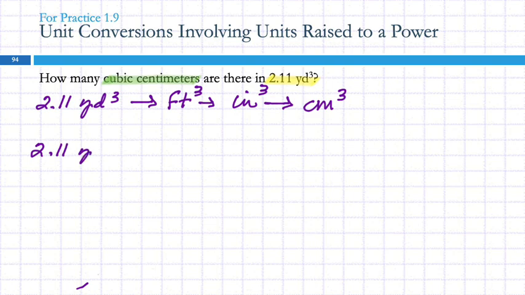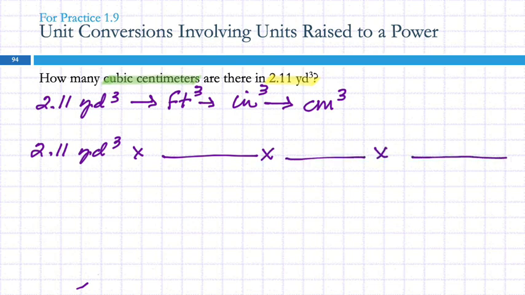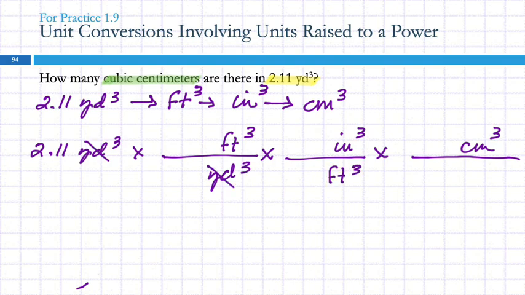So 2.11 yards cubed, 3 arrows, 3 fractions. So here I've got feet cubed, inches cubed, centimeters cubed. So I'm going to put those units in here. Those cancel out. These cancel out.